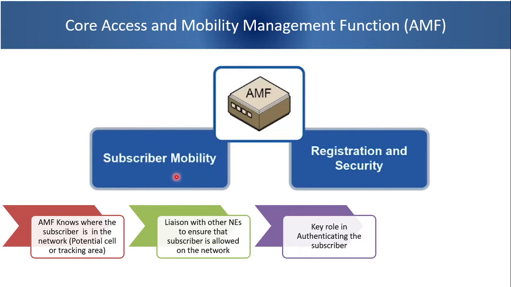But AMF cannot actually decrypt that, because the private key corresponding to the public key which is used for encryption by the device is not with AMF, it is actually with the UDM. So it interacts with UDM, wherein UDM decrypts with the private key, and then it gets the actual SUPI or the IMSI, which it communicates back to AMF. So that is one function where AMF plays a key role. That's why we are saying that it plays a key role, because other network elements are also doing it.